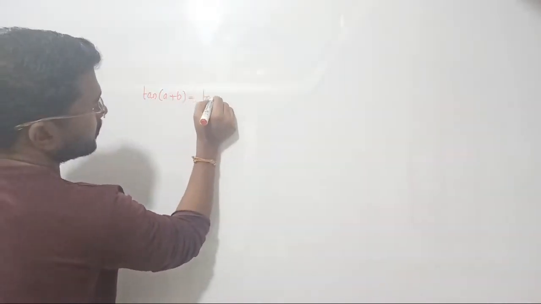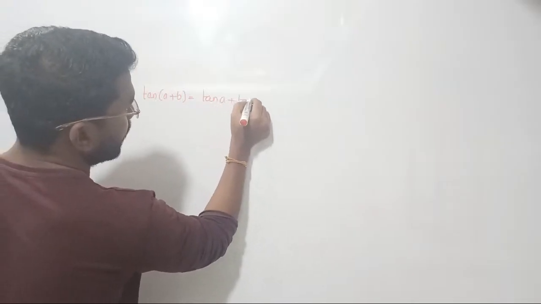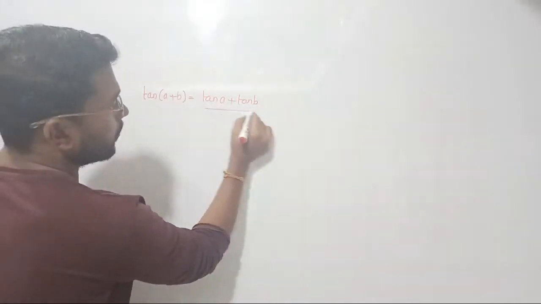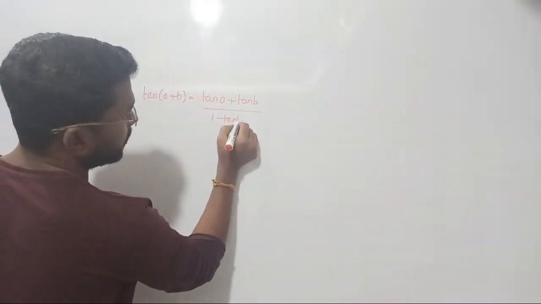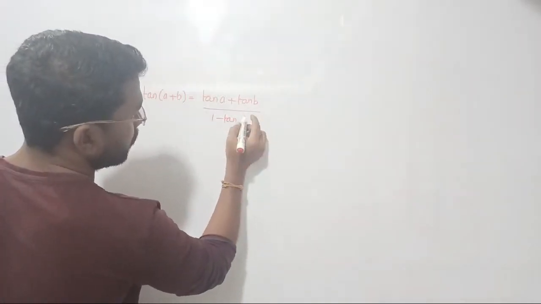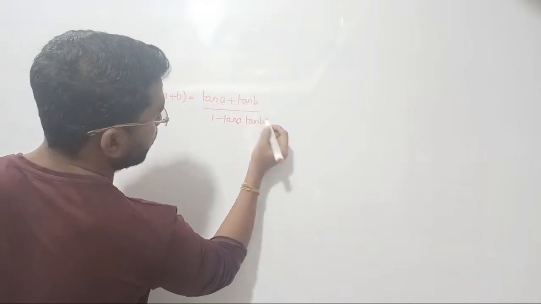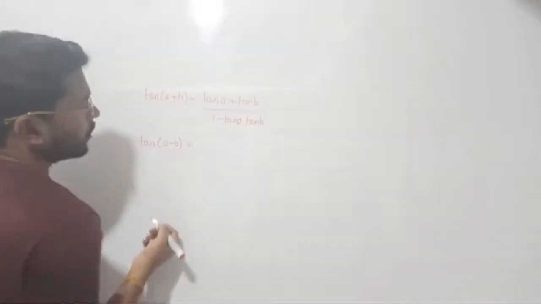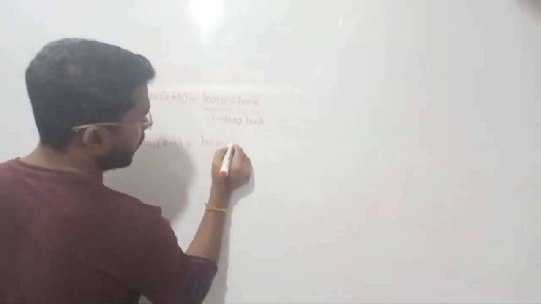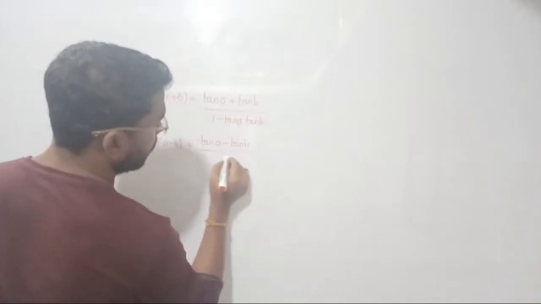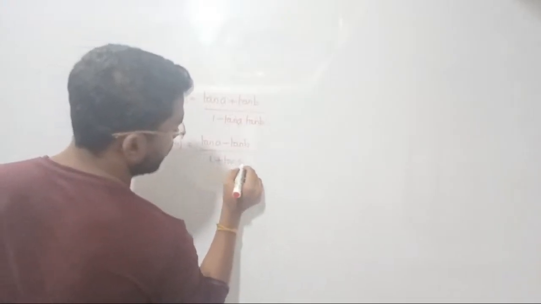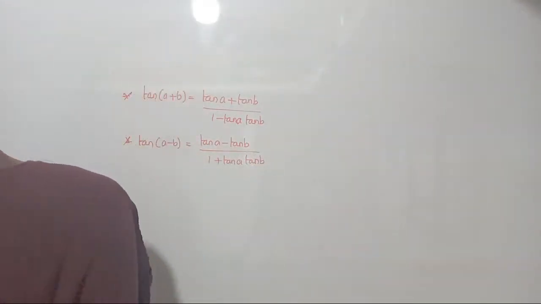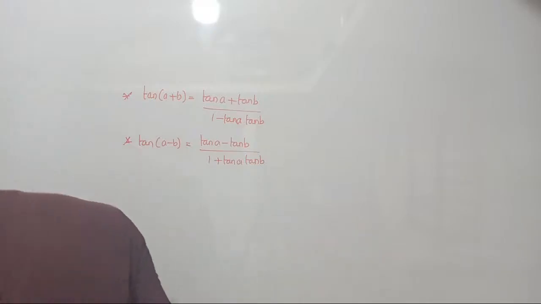So tan of (a plus b) has tan a plus tan b in the numerator, and in the denominator 1 minus tan a tan b. Similarly, for tan of (a minus b), the numerator is tan a minus tan b upon 1 plus tan a tan b.